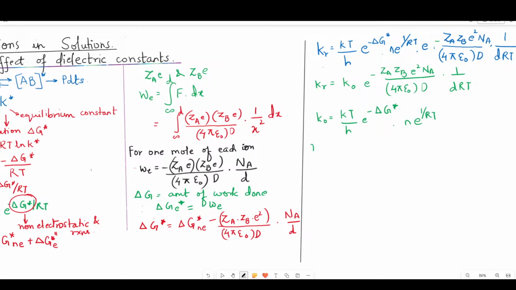When we take natural logarithms, we can say that ln of Kr is equal to ln of K naught minus ZA ZB e square Na divided by 4 pi epsilon naught d into 1 divided by dRT. We get rid of the exponential when we take natural logarithms.